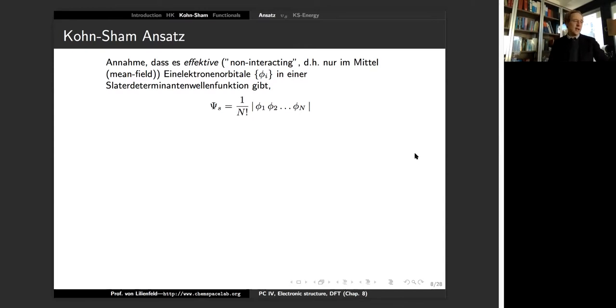Now, the Kohn-Sham Ansatz sort of does a U-turn, and we go back to the idea of electrons and their orbitals. Okay, so we introduced this electron density, and it's wonderful. It only has 3 dimensions. It's independent of the dimensionality of your problem, independent of your number of electrons.